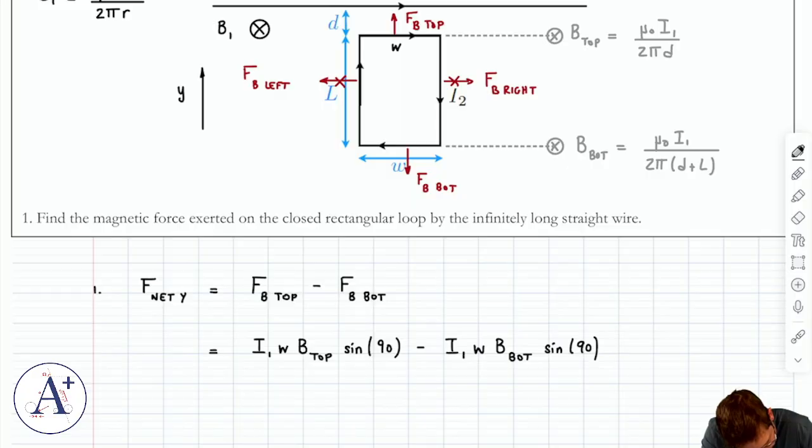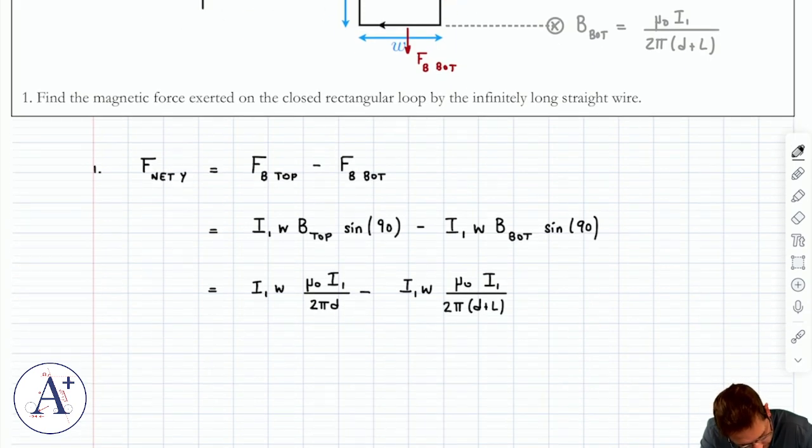That's going to be I1 W mu naught I1 over 2 pi d minus I1 W mu naught I1 over 2 pi (d plus L).